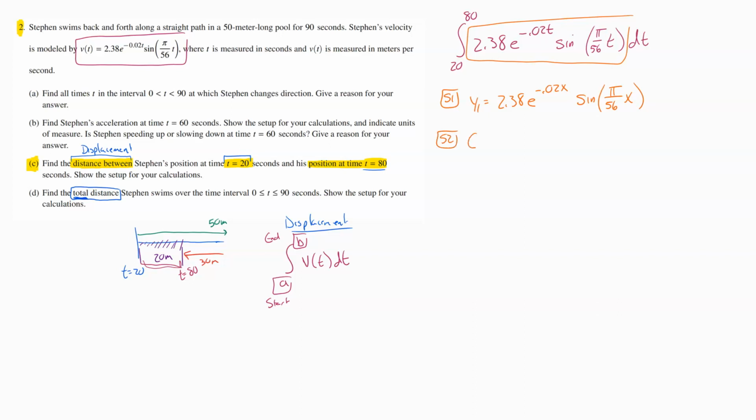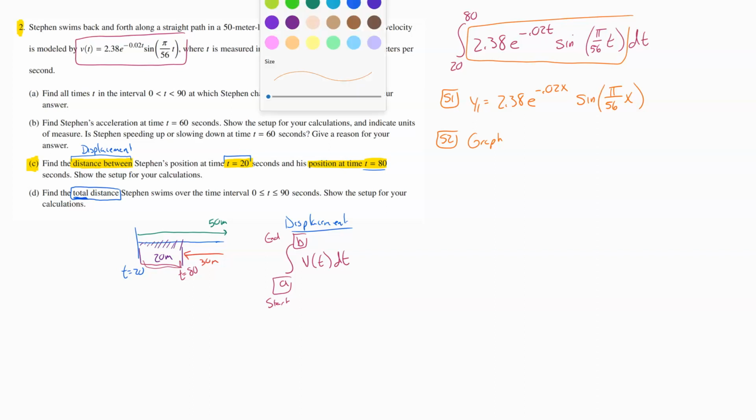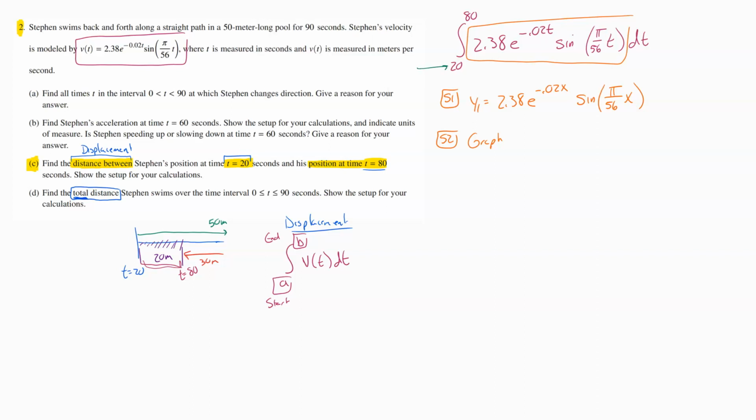In step 2, you're then going to graph this. The key on this is we need to make sure that our window is large enough to take in those x values. If you go back and start off at part A and work your way through it, in part A, you should have set your window up to match this interval from 0 to 90. So I would hope that you still have that in there.